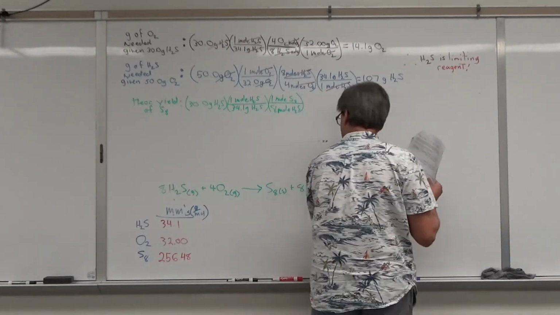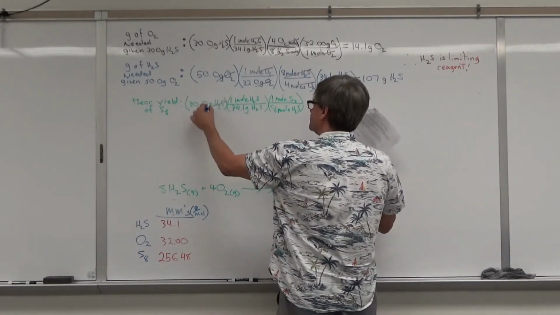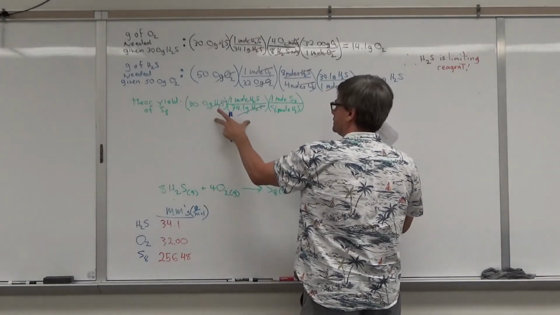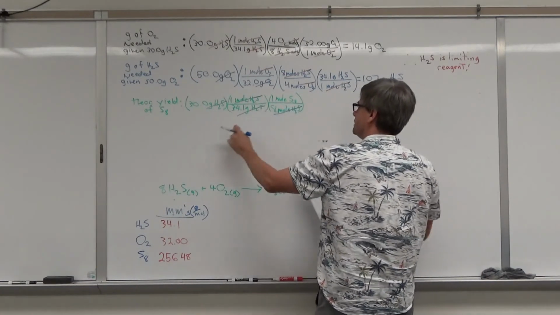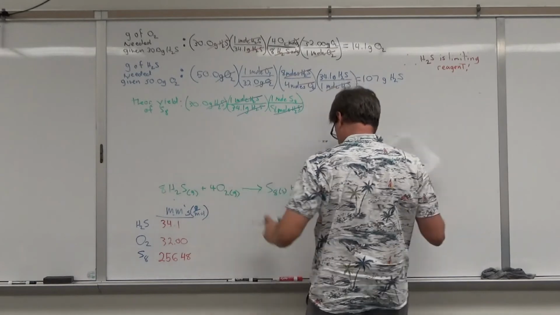Crossing out: grams of hydrogen sulfide, grams of hydrogen sulfide. At this point, you're at moles of hydrogen sulfide. At this point, you're at moles of sulfur.